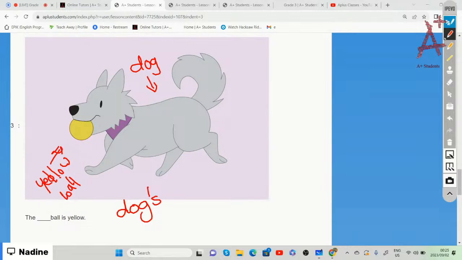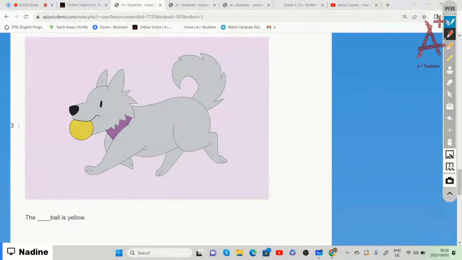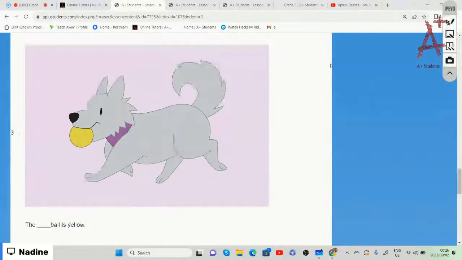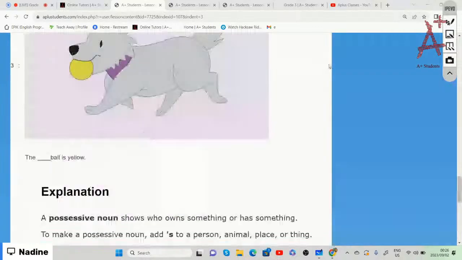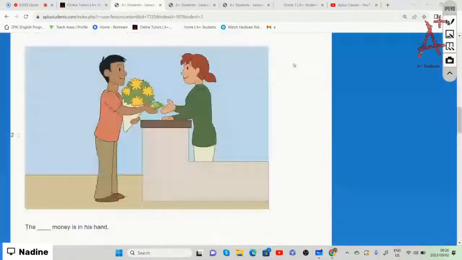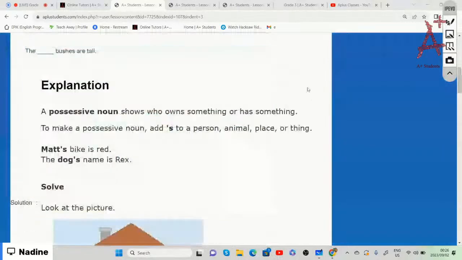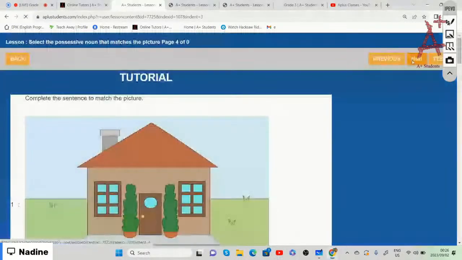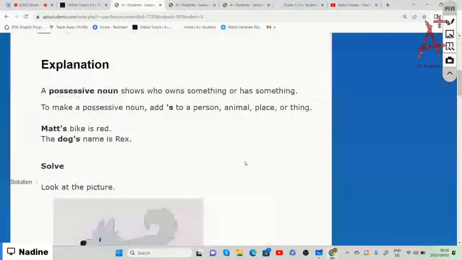If you don't put the apostrophe and just put the s, it changes that word into a plural word, meaning more than one. So the dog's bow is yellow.